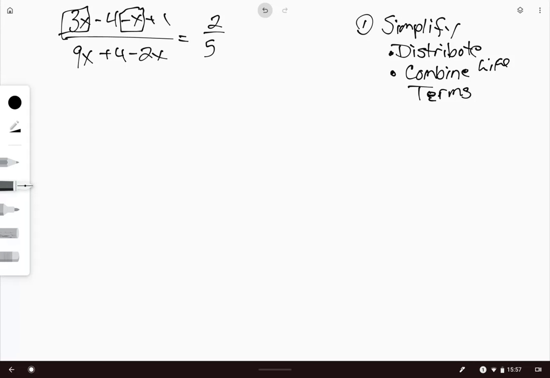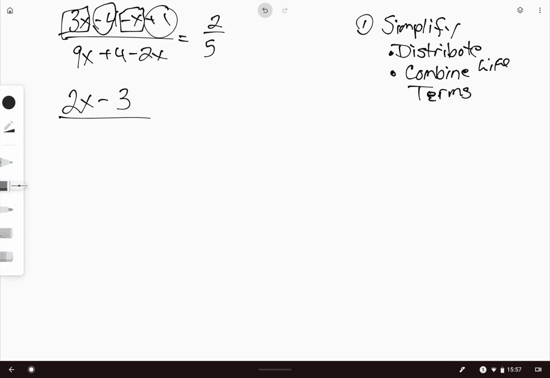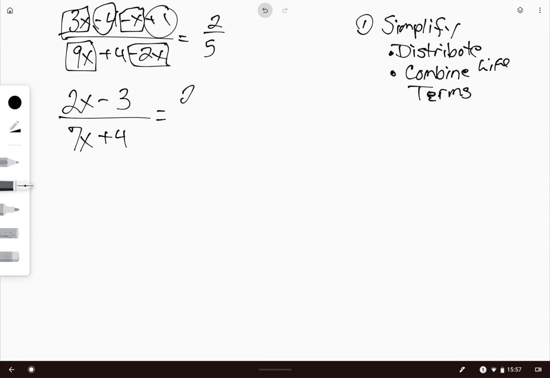So let's start with the 3x minus x, which gives me 2x, and then negative 4 plus 1 gives me negative 3. All of that divided by, so I have a 9x here, and I have a negative 2x here. So 9x minus 2x is going to be 7x plus 4. And all of that equals 2/5.